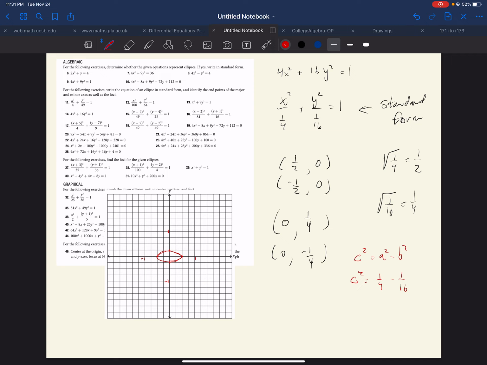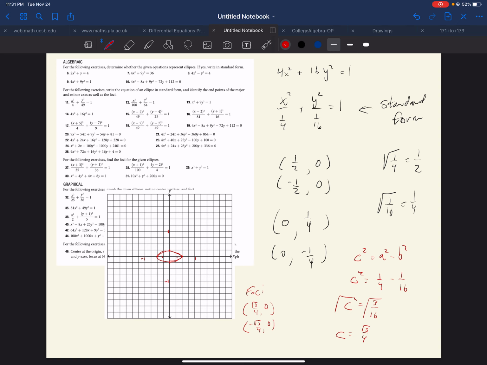Minus 1/16 is 3/16. So c squared is 3/16. And if I square rooted both sides, c would be the square root of 3/4. And so then I know they would be on the x-axis. And so the foci, I would say, are at root 3/4, comma 0, and negative root 3/4, comma 0.